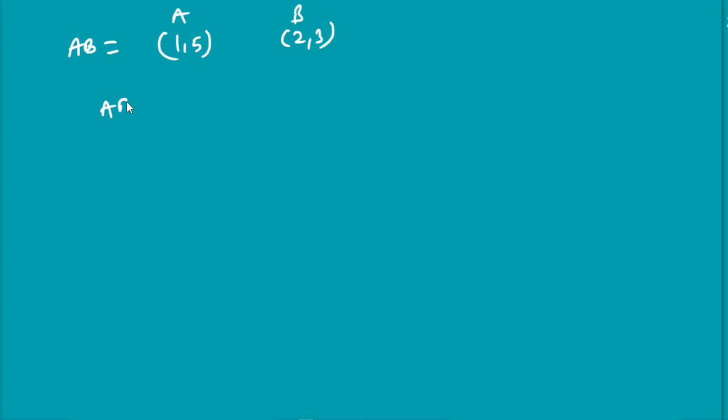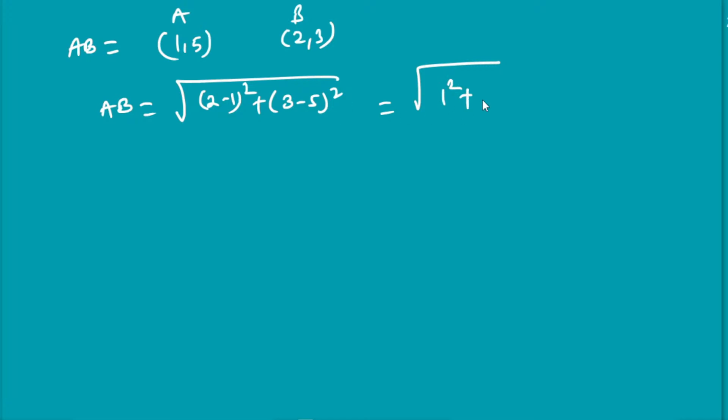So AB will be the square root of the difference of x coordinates, 2 minus 1, whole square, plus 3 minus 5, whole square. So this is 1 square plus 2 square, which is root 5. 1 square is 1, 3 minus 5 is minus 2, squared is 4, and 4 plus 1 is 5.